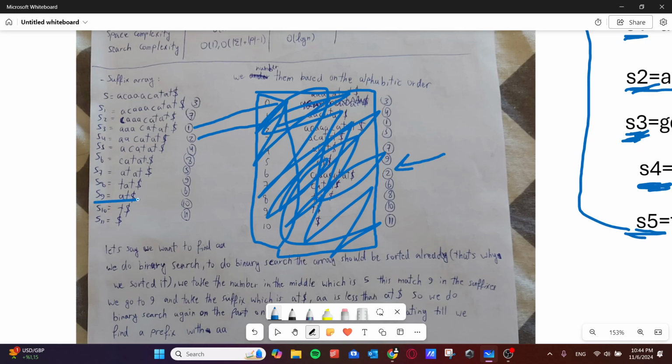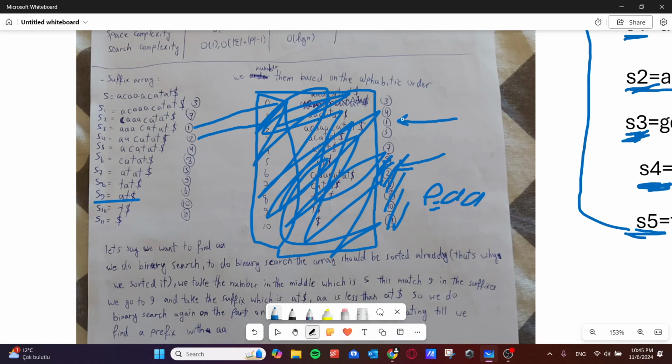So I go to the suffix 9, AT dollar sign, and I compare it. In our example, P equal AA, so it should be before AT dollar sign. So we ignore everything after the 9 and we do the exact same procedure here.